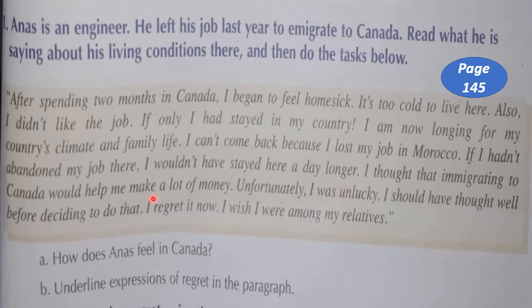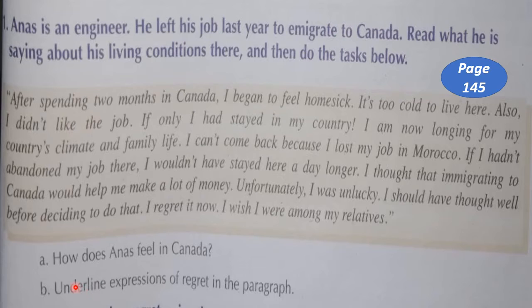If I hadn't abandoned my job there, I wouldn't have stayed there a day longer. I thought that immigrating to Canada would help me make a lot of money. Unfortunately, I was unlucky. I should have thought well before deciding to do that. I regret it now. I wish I were among my relatives.